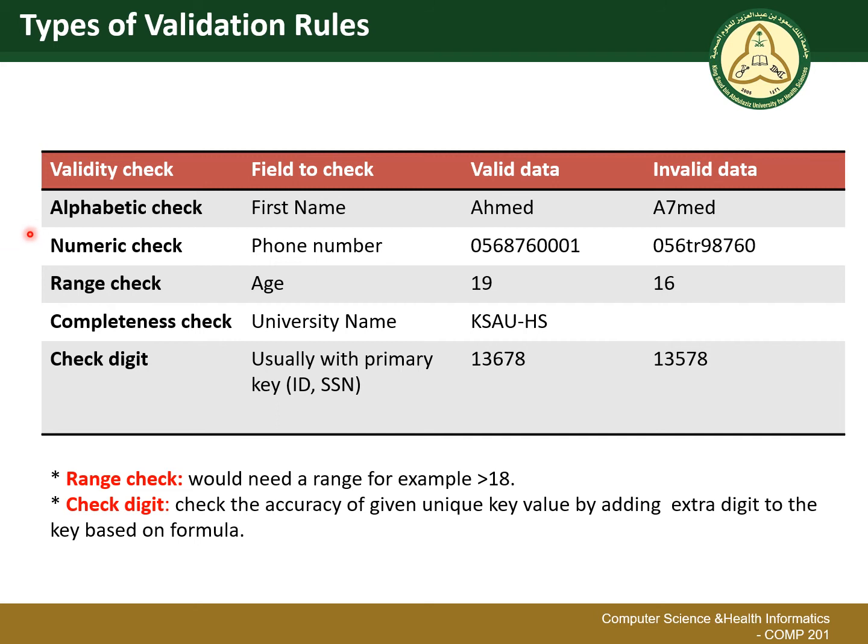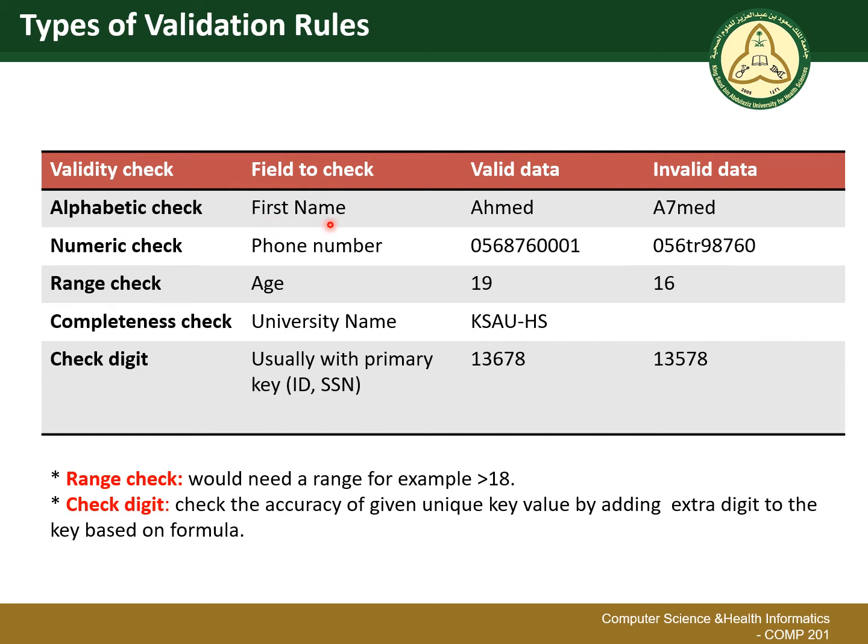So we have the first validity check, the alphabetic check. If we apply the alphabetic check on a field called first name, the first name field will have data of text. The data type of the field first name will be text.